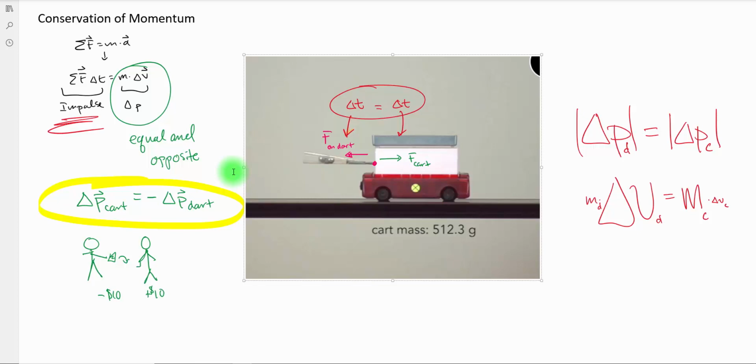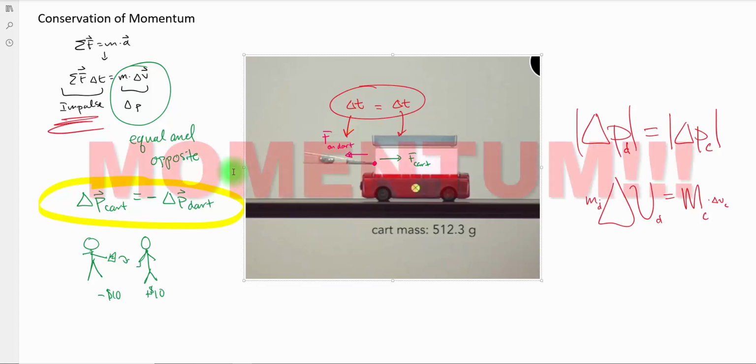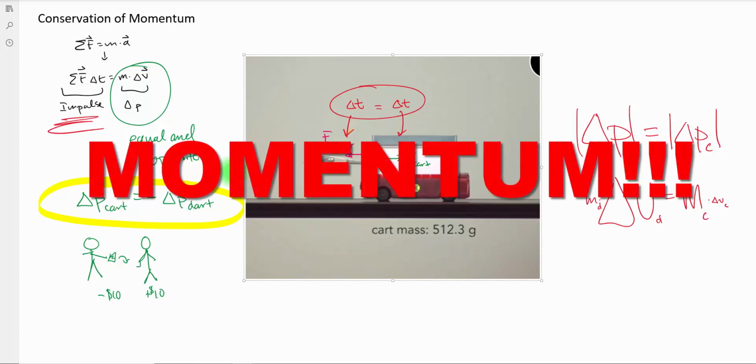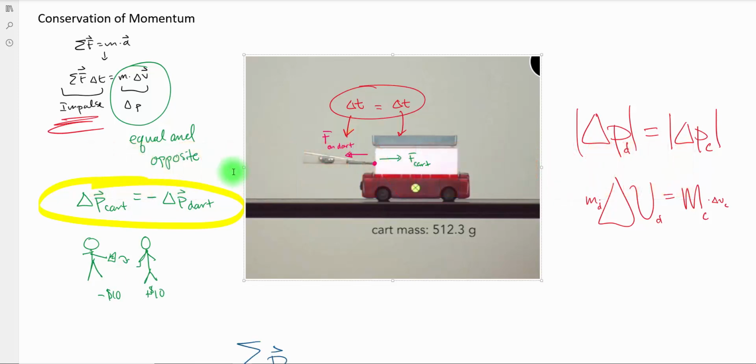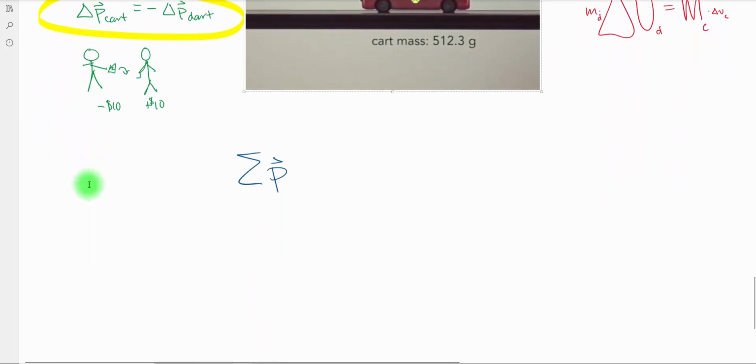So let's establish what we're going to say is the conservation of momentum equation. We're going to say that the sum of all momentum for all objects initially, before some sort of interaction with objects or particles, is going to be equal to the sum of the momentum afterwards, the final momentum.